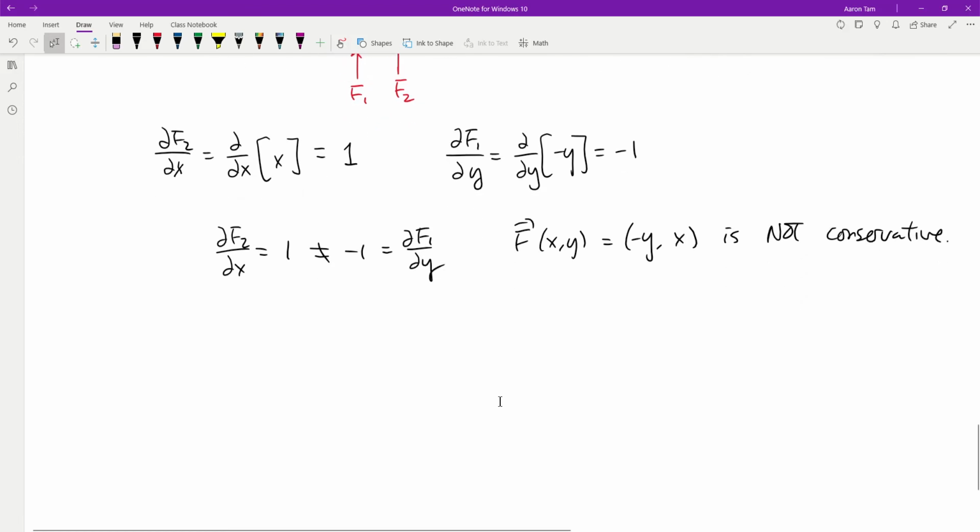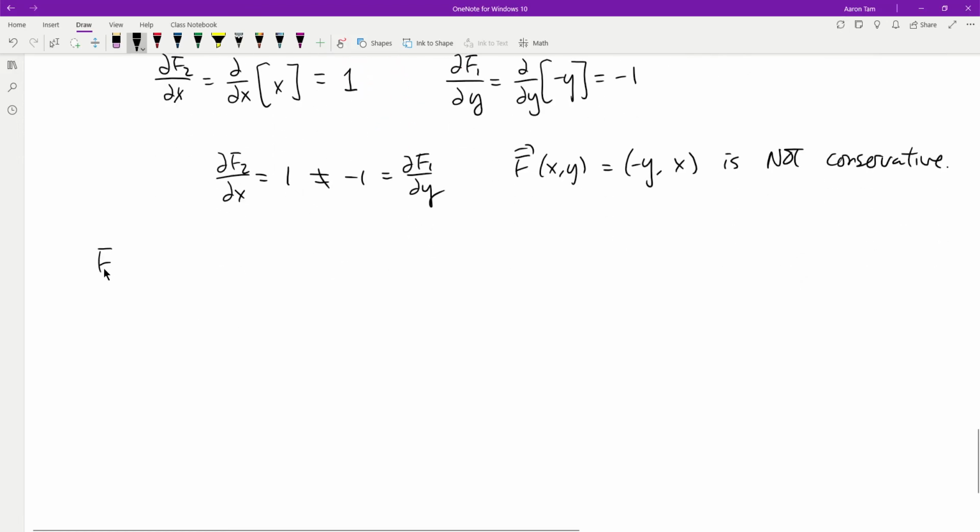Now let's try a second one. How about this one? Is f of x, y equal to 2xy squared, 2x squared y a conservative field?